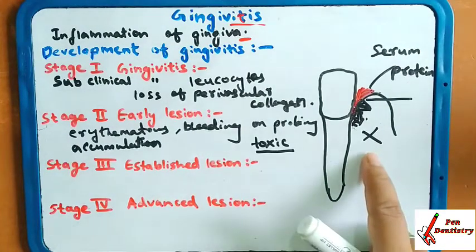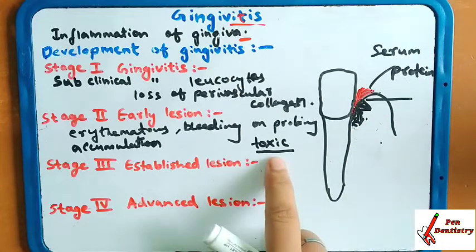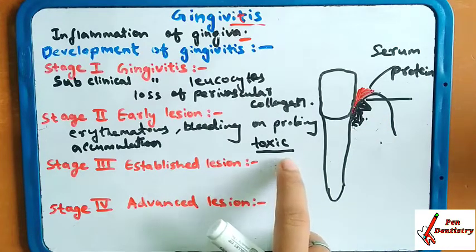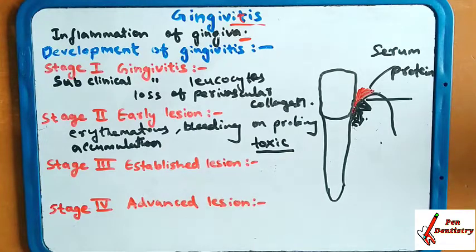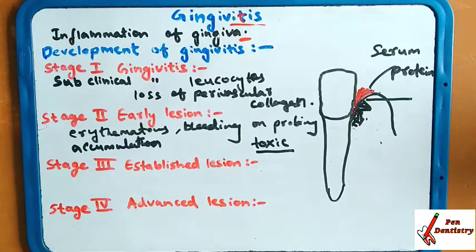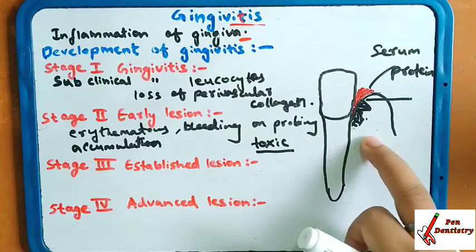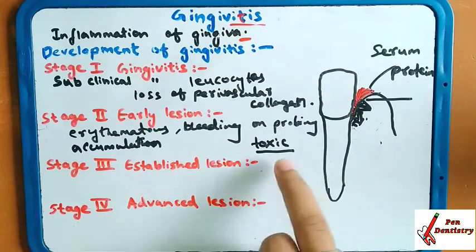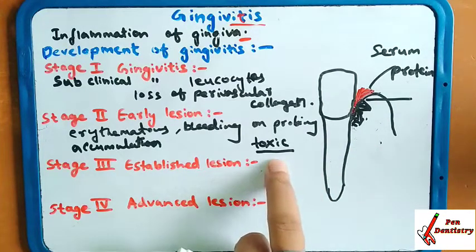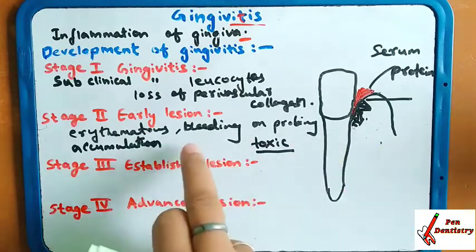Cytotoxic alteration means toxic cells. The good cells convert themselves into toxic cells, and those toxic cells will be killed. So cytotoxic alteration is seen in stage 2, the early lesion.